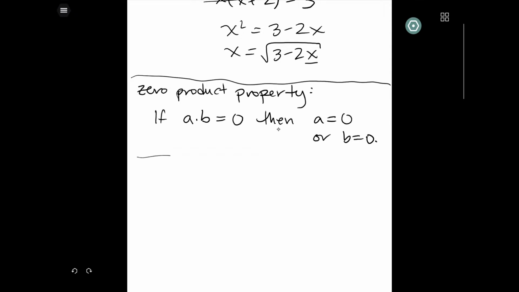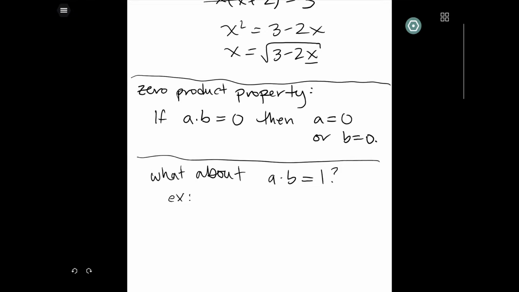What I want to be really clear about is this doesn't hold for other numbers. So let's say, what about a times b equals 1, or it could be 5 or 7 or whatever. We don't know anything. So just for example, we could have 1/4 times 4.